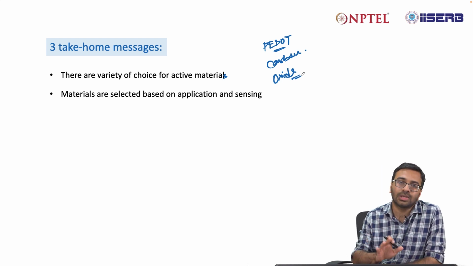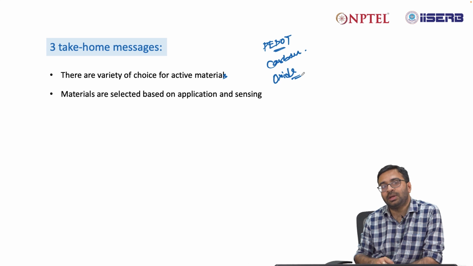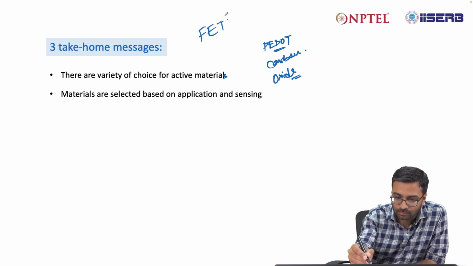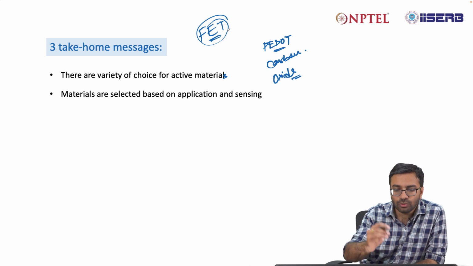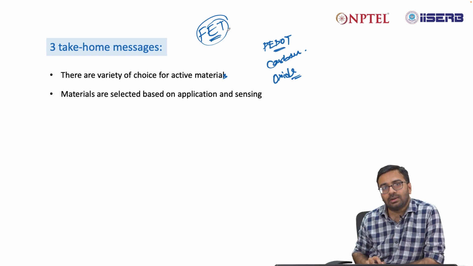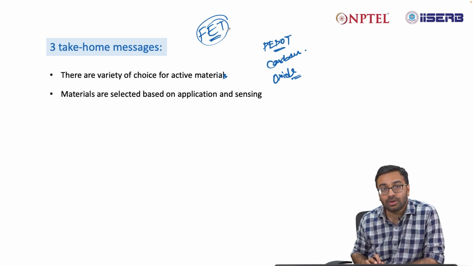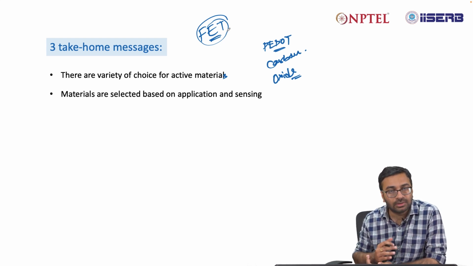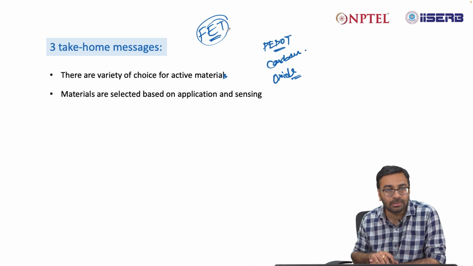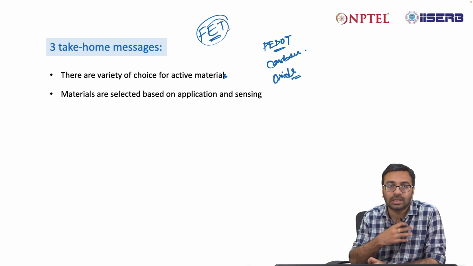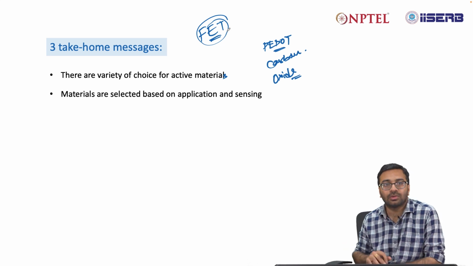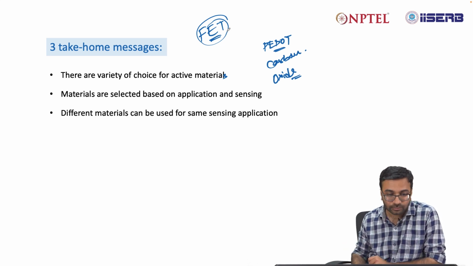For example, if you want to make an FET based sensor, you have to choose a semiconducting material, because that is where you will get the field effect, mostly in semiconducting material. You can't choose a complete conductor and then try to make an FET. These are the considerations that one has to take.